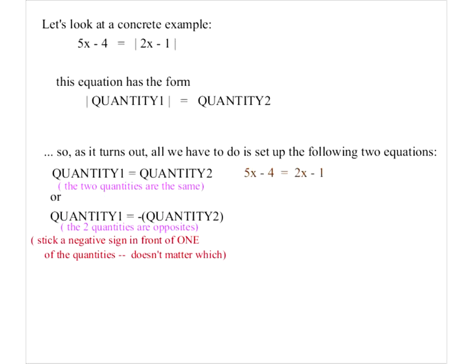Doesn't matter which. So in this case, in the example I wrote, you can put it in front of the one on the right. But you could just as well put it in front of the one on the left. So let's go ahead and do that. Or you could just write negative quantity, the other quantity.